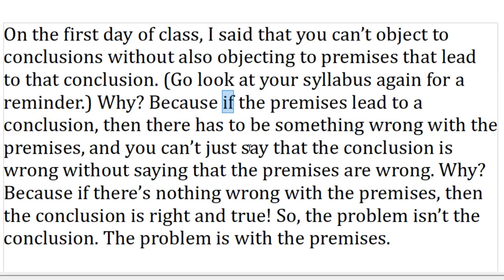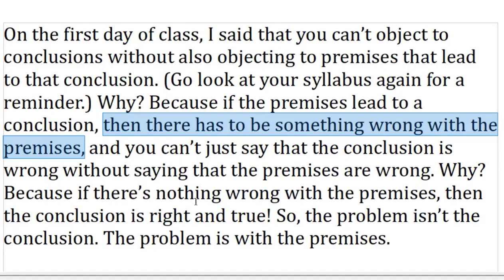But if the premises really do logically lead to that conclusion, there has to be something wrong with the premises. And even though you might be able to find something like a good objection against the conclusion, the premises still lead to that conclusion, so you have to do something with those premises. There has to be something wrong with them, and you need to be able to figure out what's wrong with them. So that's one of the reasons why I require you to do that.